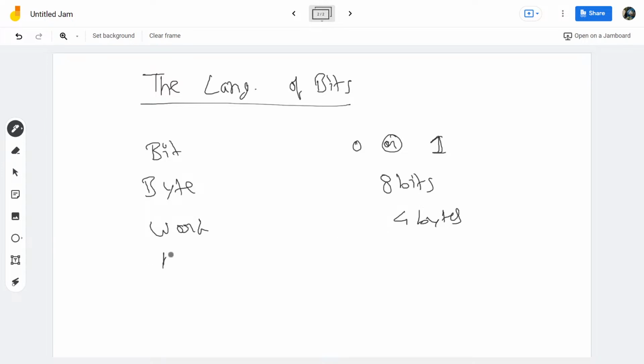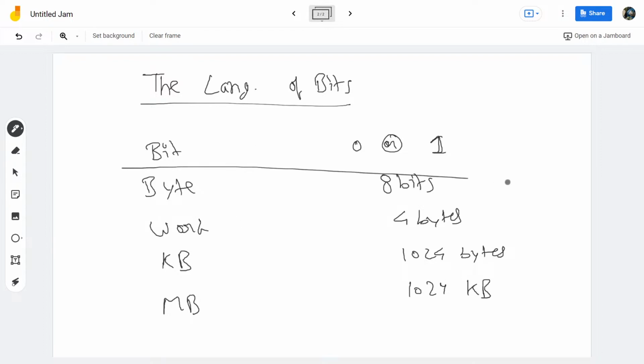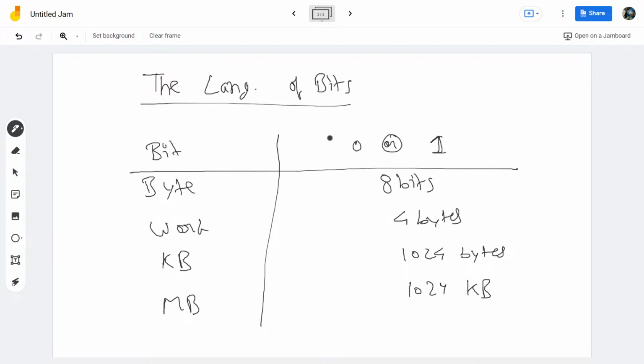Then we have a KB, kilobyte, that has 1024 bytes. And then we have MB, which stands for megabyte, which has 1024 kilobytes. So the computer understands these inputs, which are in the format of 0s and 1s.